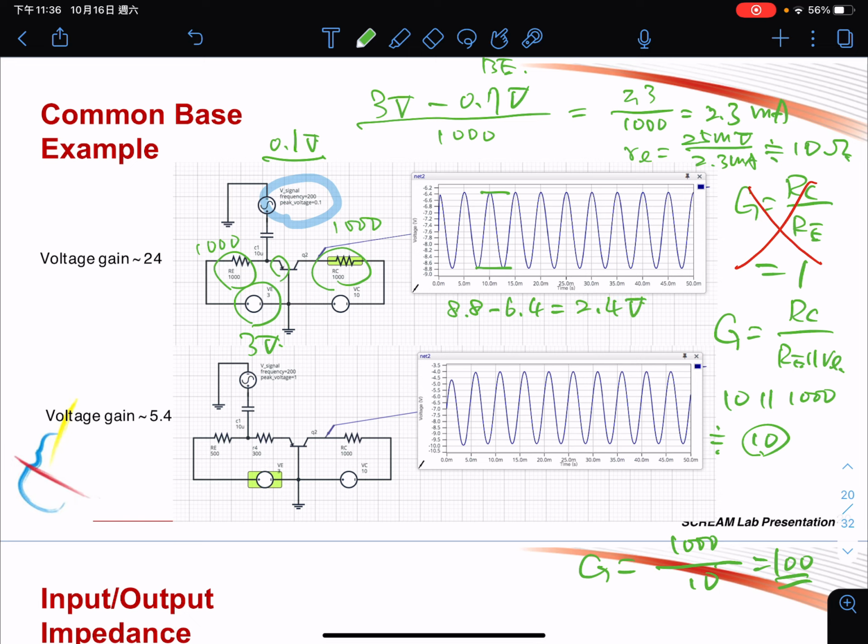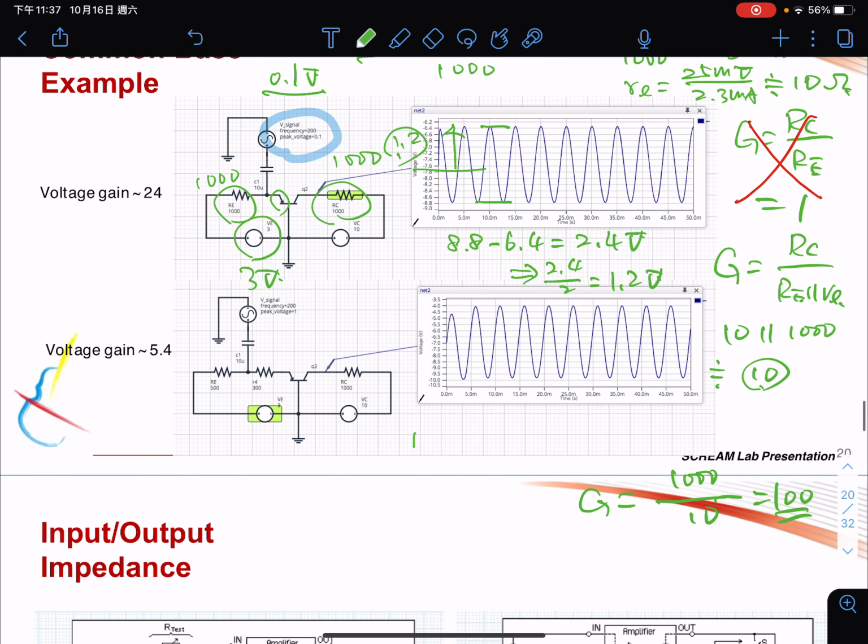And 2.4 volts divided by 2 will be 1.2 volts. 1.2 volts is around from here to here. And 1.2 divided by 0.1 is 12. So the gain is 12, not 24, it's 12.